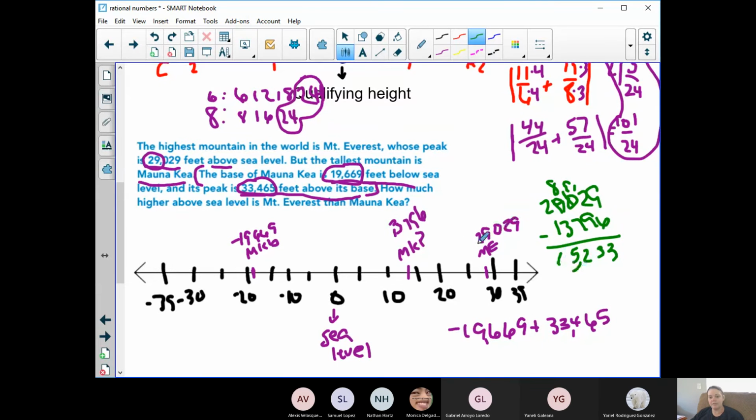So the peak of Mount Everest is 15,233 feet higher above sea level than the peak of Mauna Kea. Any questions about that one? Okay.